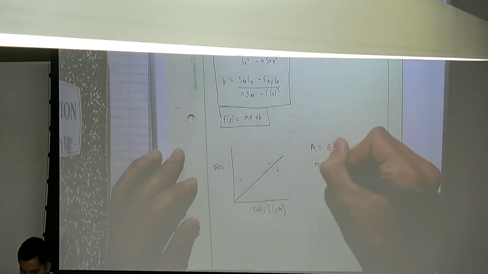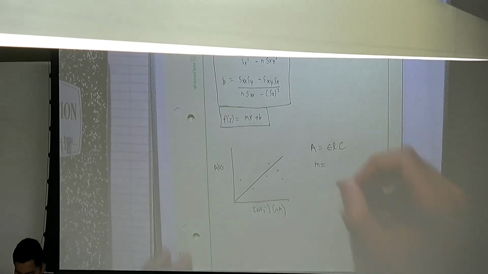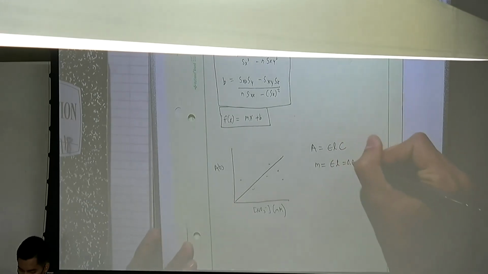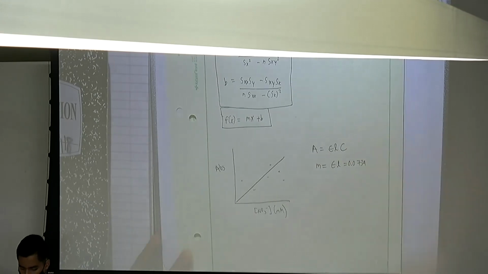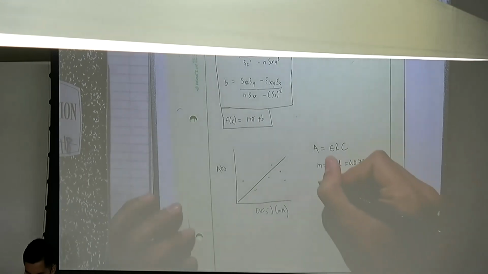So the slope is, what did we get? 0.0739. 0.0739, right? So for your lab or for your homework, I want you to calculate the R squared.